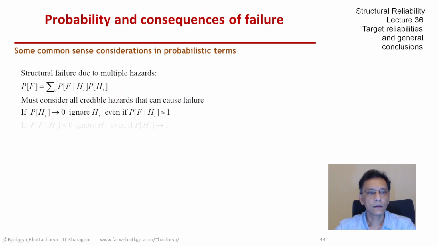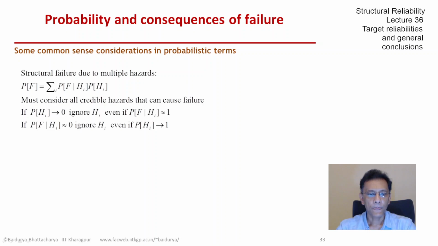And on the other extreme, even if some H is very likely, if it doesn't cause any damage, then we should ignore that as well. So this basically is the practical consideration behind load combinations that need to be considered in design.